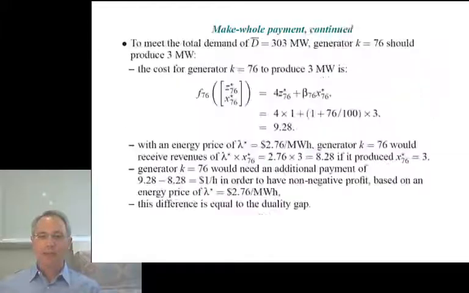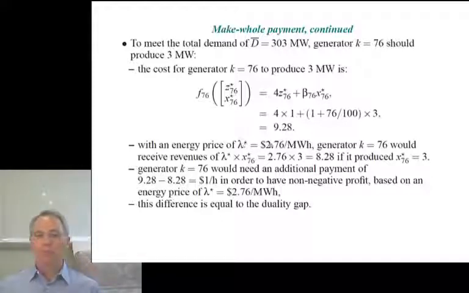We then need to ask generator 76 to produce the other 3 megawatts in order to meet the demand of D-overline. What would it cost generator 76 to do this? Well, just plugging in its cost function, we'd find that in order to generate 3 and be committed, it would cost 4 times 1 plus beta k, which is 1 plus 76 over 100, times 3, which is 9.28.